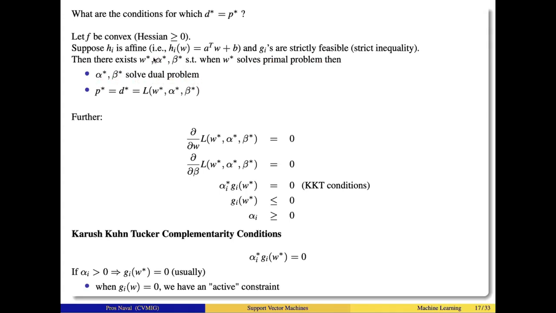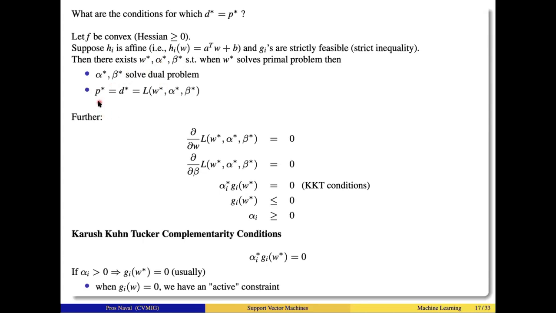Assuming that we have these quantities w star, alpha star, beta star, and the primal problem is solved by w star, then this condition also holds. So the dual problem is solved by alpha star, the very same values, and beta star also.